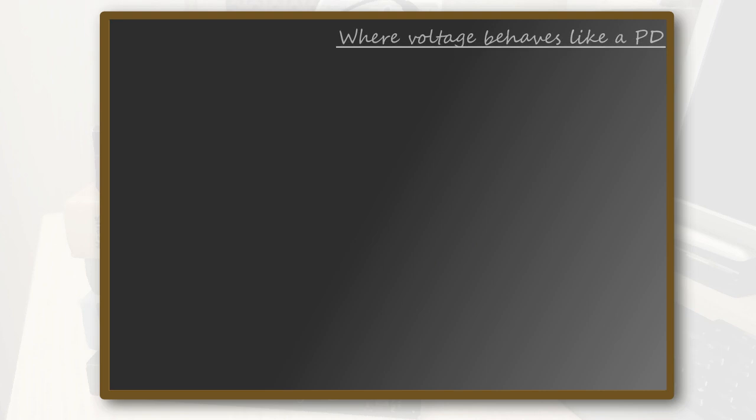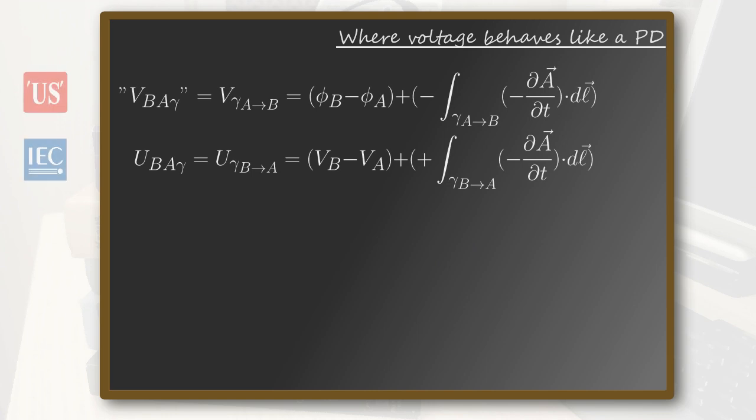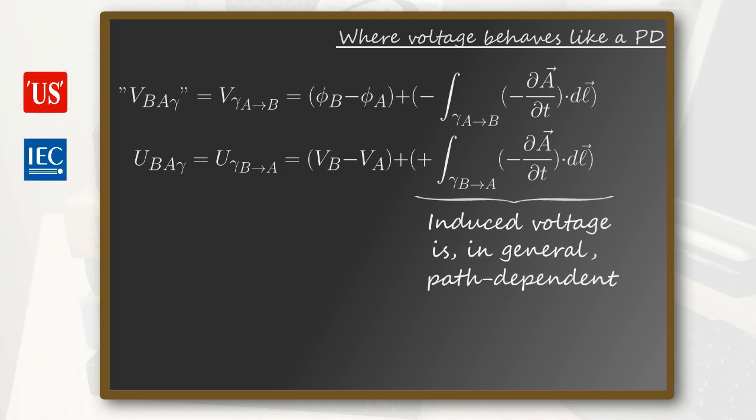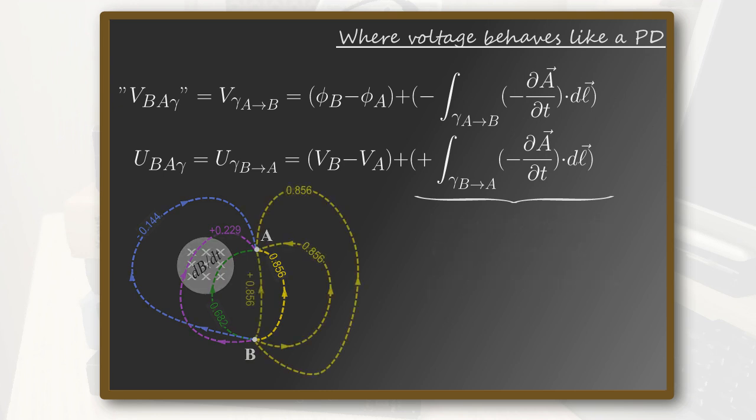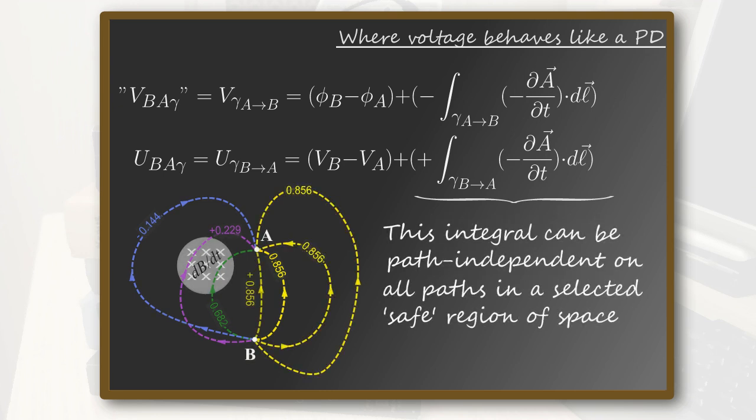We know that when there are significant time-varying magnetic fields near or inside the circuit or its magnetic components, voltage becomes in general path-dependent and hence multi-valued. Note that I said in general. It is important to understand that this formula does not necessarily imply that voltage has to be different on every single path joining 2 points on the circuit, or in other words, be everywhere path-dependent and never representable by a single valued function.